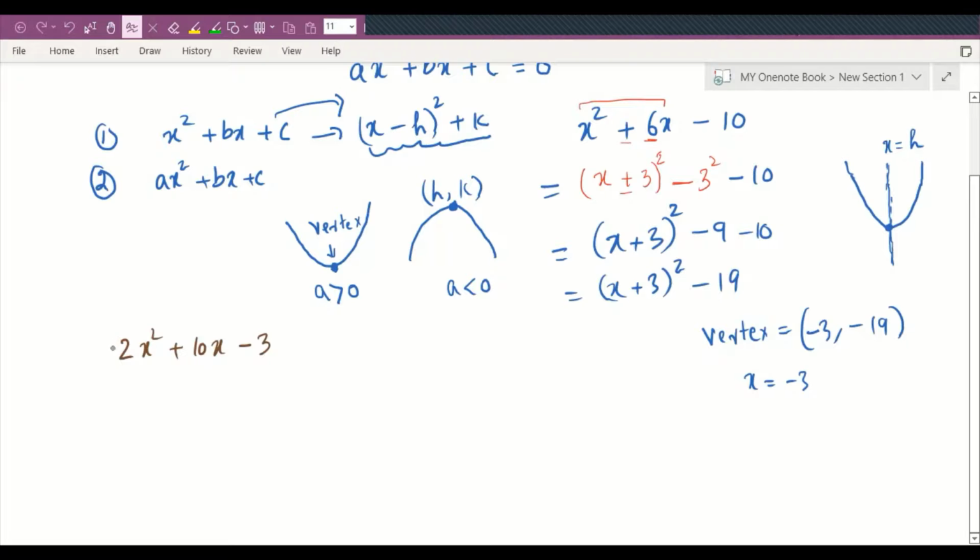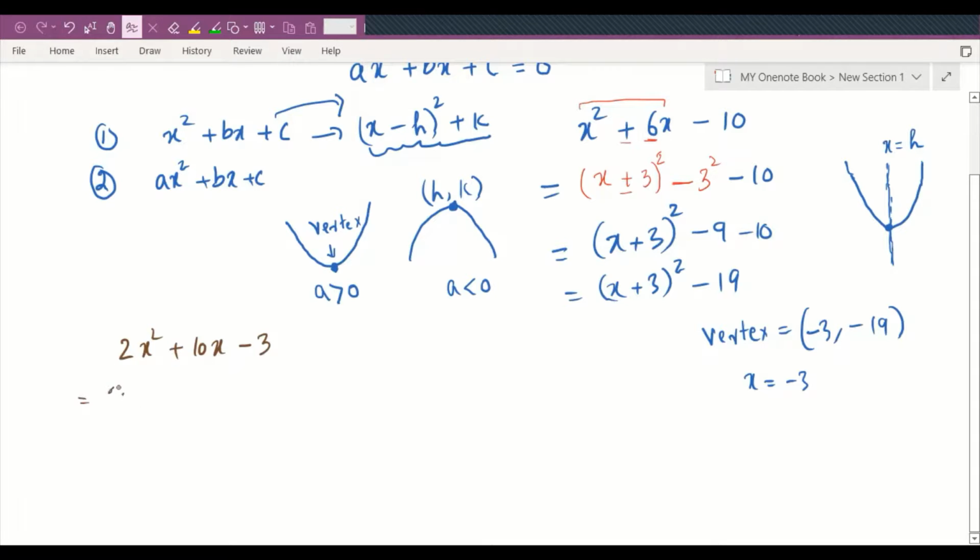The first step is to get rid of this 2 by taking it common from the first two terms. As you have seen, we only need the x squared term and the x term in order to complete the square. The third term stays as it is, and at the end we simplify it with the number that we get here. So the same thing is to be done here. We will first take 2 common from the two terms.